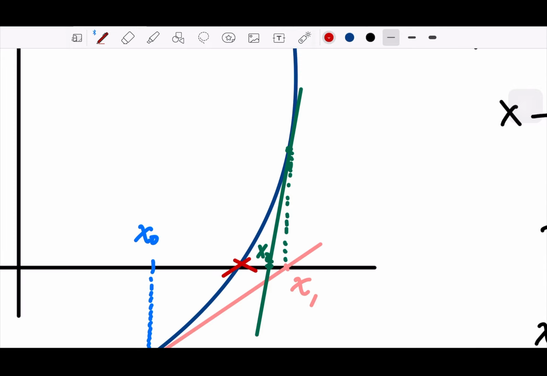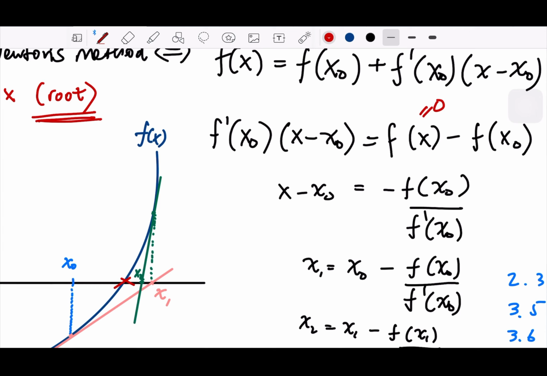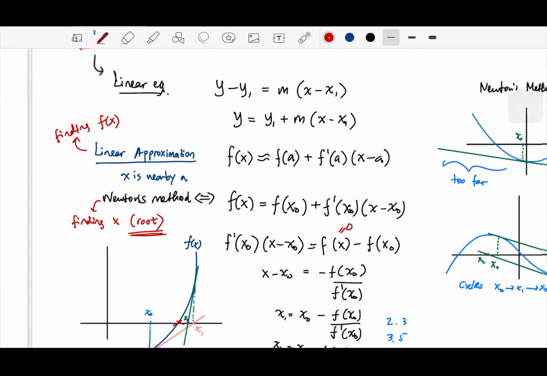That's the key. So linear approximation, Newton's method, and also the mean value theorem all take the same principle with the same linear equations. Actually, they can be developed from the linear equations. I think that's just some review.